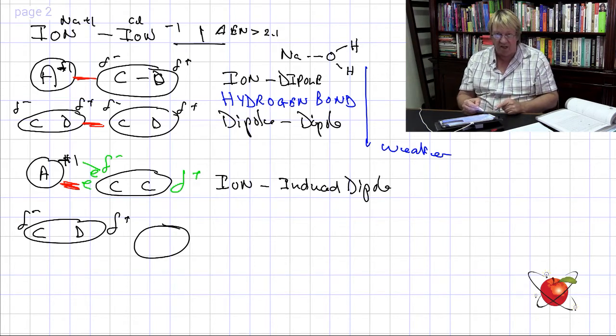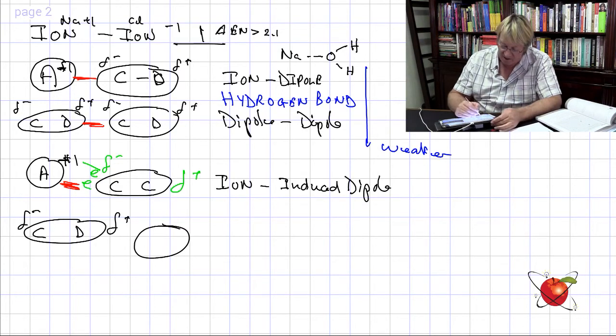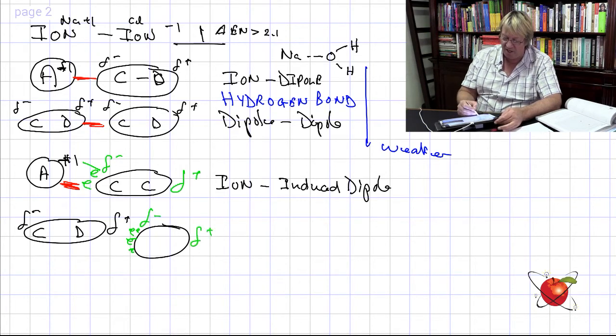The same as happened above. It's just the dipole is doing what the ion did last time. So over here, the positive starts to attract the electrons to this side, doesn't it? Meaning this becomes negative, that becomes positive, so we've got an induced dipole.